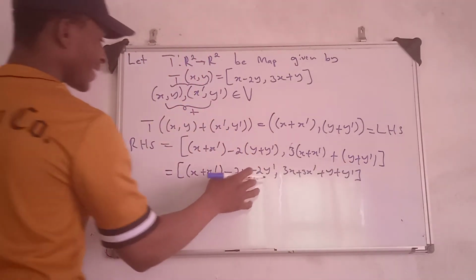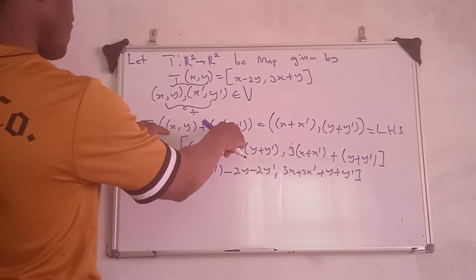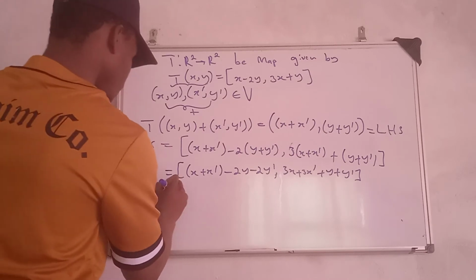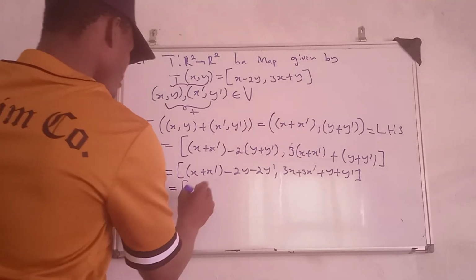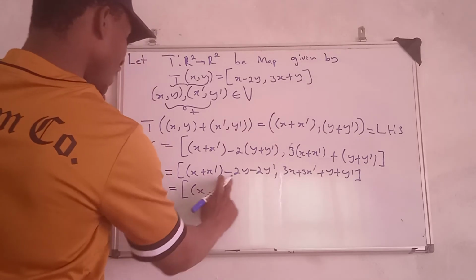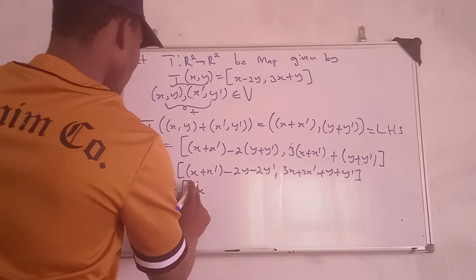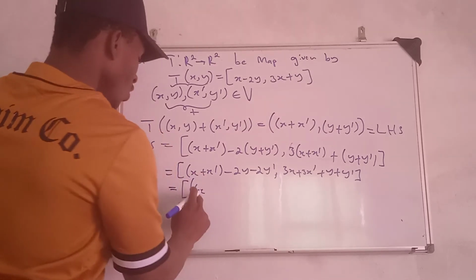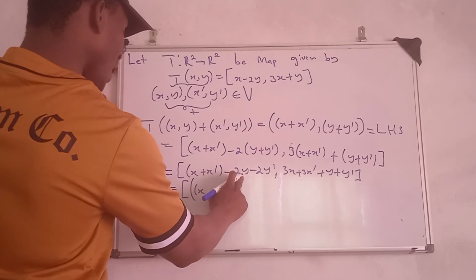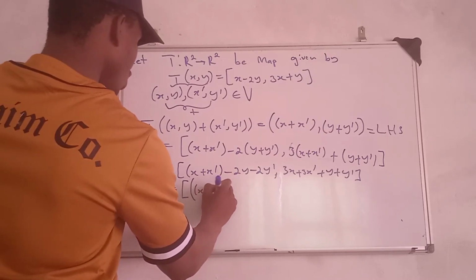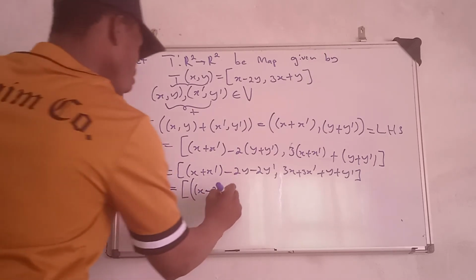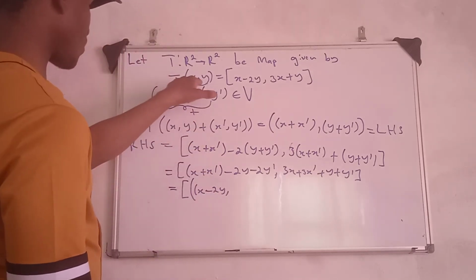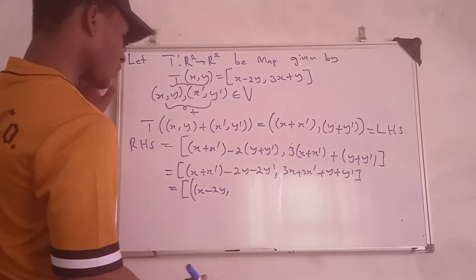So we must actually write this in this manner. Let me show you. We are going to say x minus, we are going to take 1x here. We are going to say x minus this one. And then again we write this, because we are writing this in terms of this one or this one.